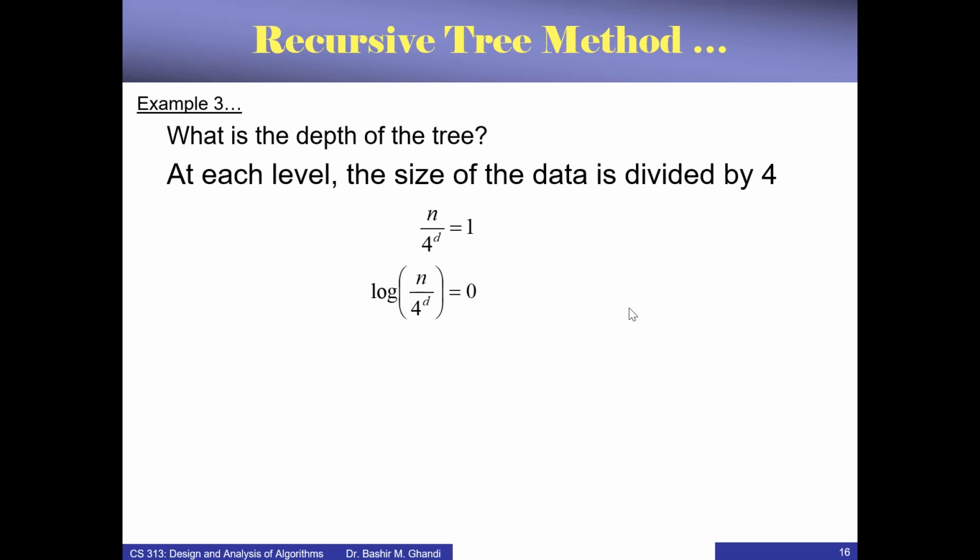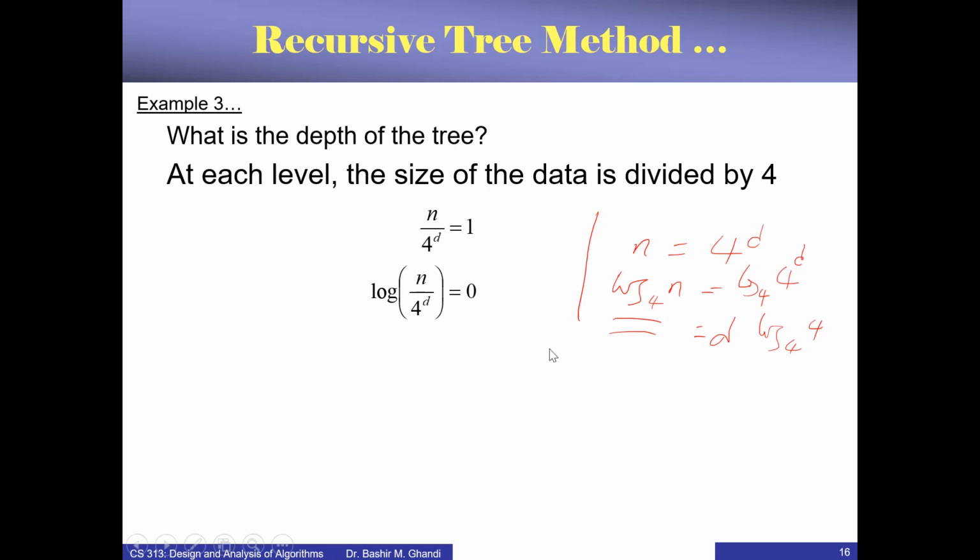There are 2 ways to do it. You can simply say, based on this, n is equal to 4^d, and therefore take the log of both sides. You have log n here, and here you have log of 4^d. Assuming you are taking log to base 4, this will be d times log of 4 to base 4, and that is 1, so d is going to be log of n to base 4.